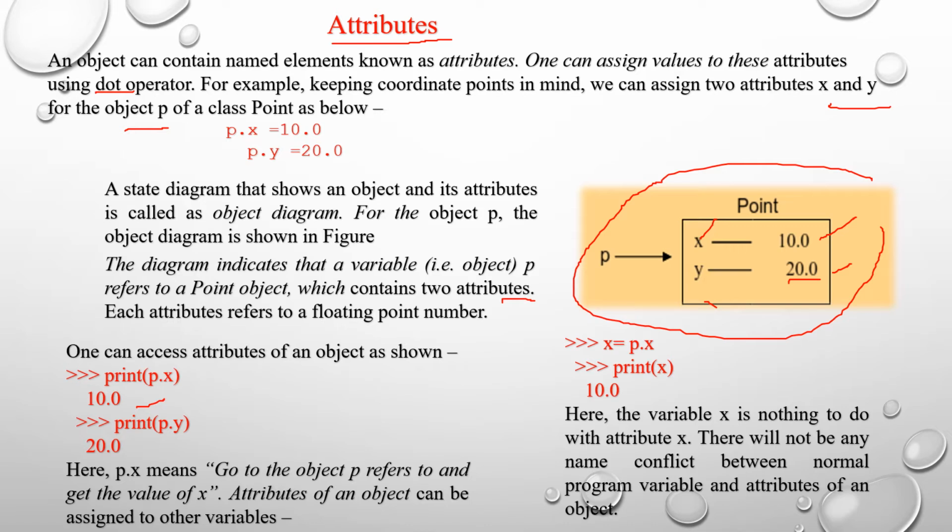So if you say x = p.x and print x, the Python interpreter will print the assigned value of x. Here p.x is equal to 10, so 10 we assign to the variable x. So if you print x, the interpreter will print 10.0. There is no conflict between the normal programming variable and the attributes of the objects.